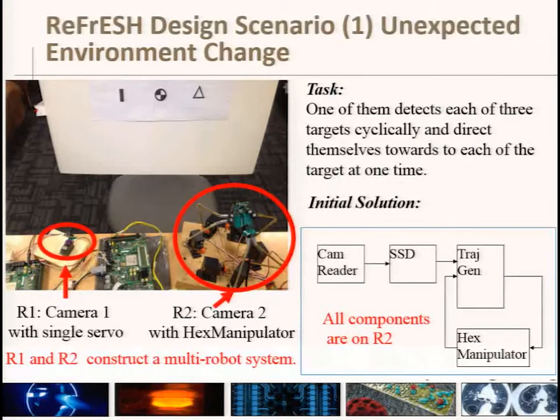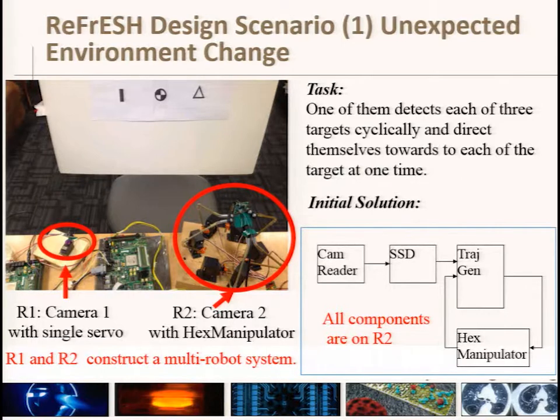Let's look at two multi-robot scenarios. In the first scenario, we have two robots, each consisting of cameras mounted on manipulators. They are performing a task to detect 3 targets and label them.